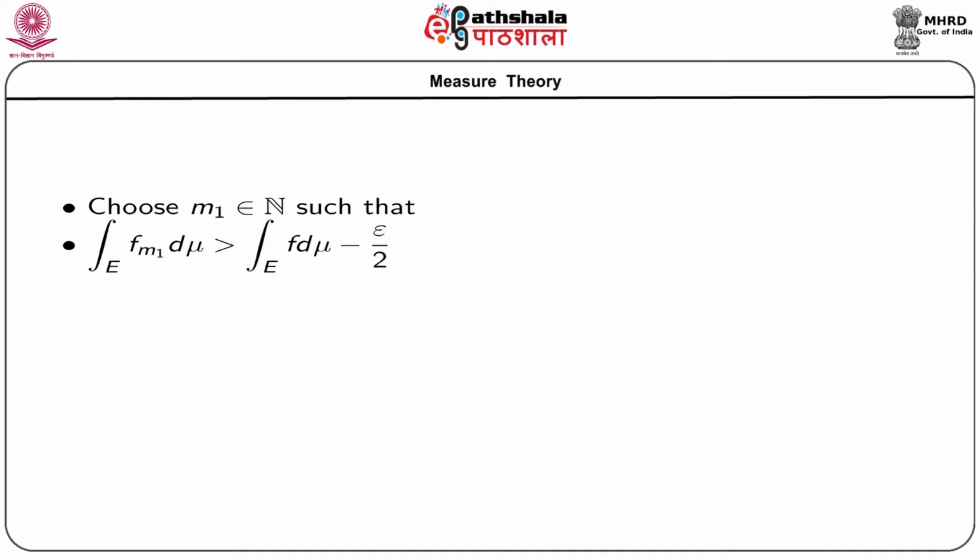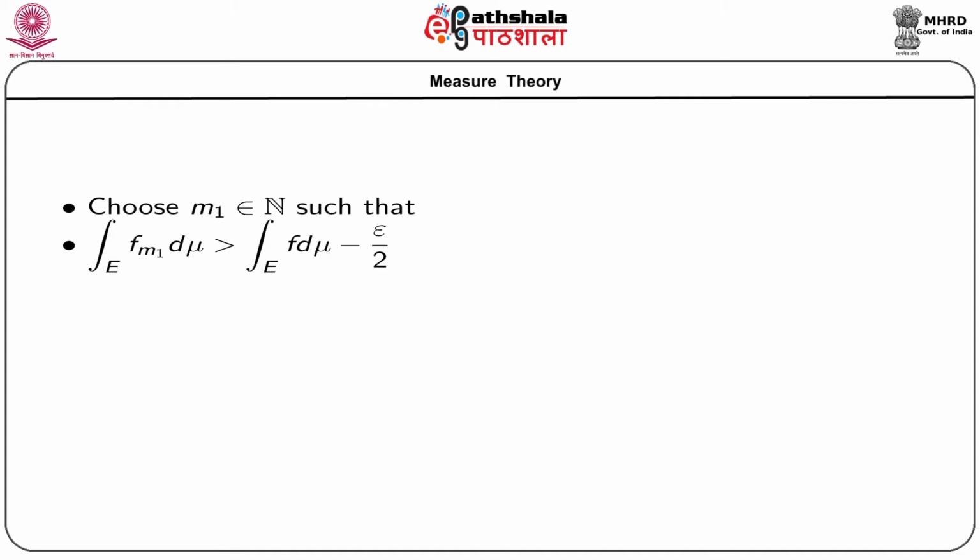because again, since f n is monotonically increasing, integral over E f n d mu is a monotonically increasing sequence of real numbers, and its limit is the supremum of all the numbers, that is, integral over E f d mu is the supremum of integral f n d mu.